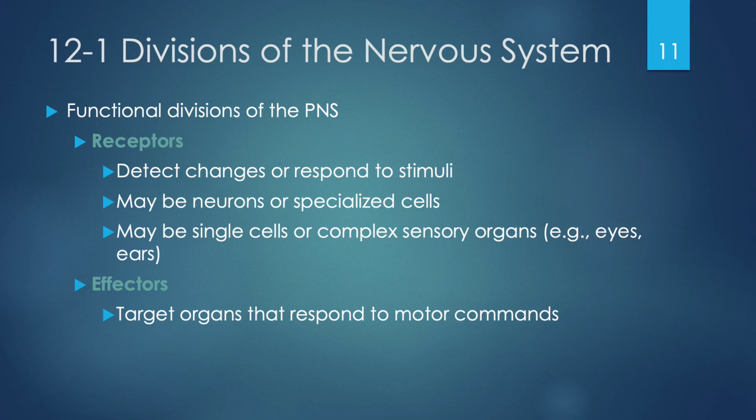And this can also be either a single cell just operating on its own being a sensor, or it can be many different cells working in tandem together, such as a complex sensory organ like our eyes or our ears. Also, we have effectors. Now, effectors are going to be the target organs that actually respond to the motor commands. So they're responding to the information that comes from the central nervous system.